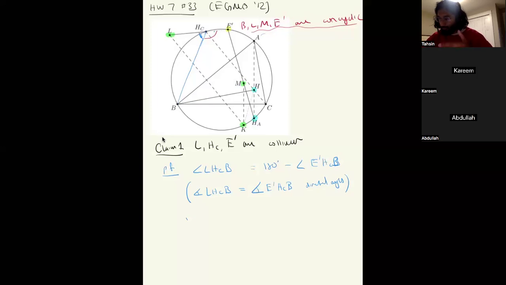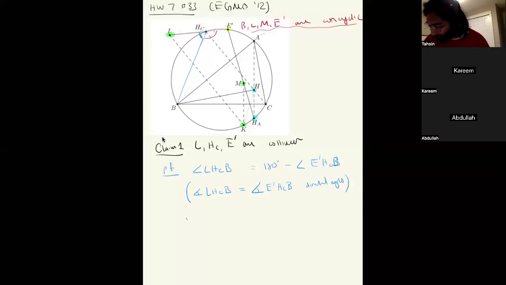L and HC are both reflections, right? The reflections of K and H. So what am I saying? I'm saying L and HC are reflections of K and H over AB. So that tells you that this blue angle is also equal to this angle here.